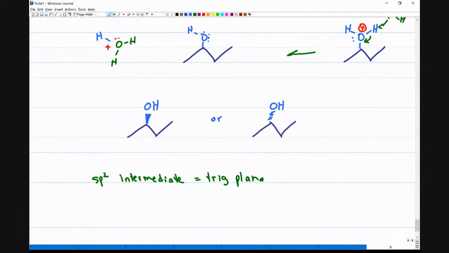Another way to say trigonal planar that is easier to understand is the fact that it's flat. The carbocation can get attacked from the top and the bottom, and that means we're going to have both. So you have two products in about a 50-50 ratio for the most part. Sometimes something will make it go a little bit more in one direction or the other, but you're going to get a racemic product if it's chiral, given that we had the carbocation intermediate.